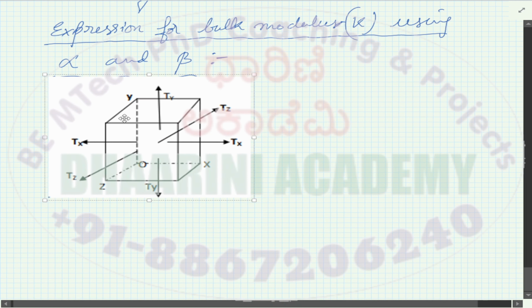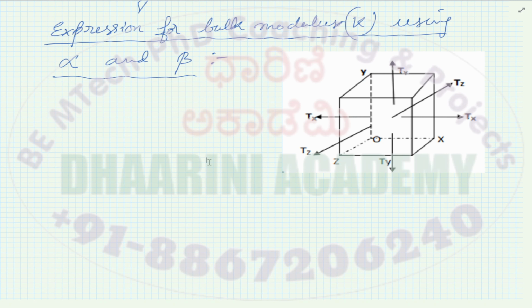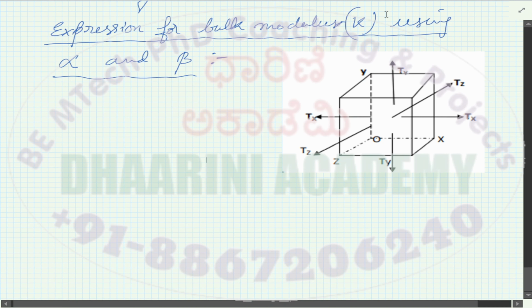Okay, so let's consider this diagram. Now let us say that this cube has area 1. There is a cube here, with Ox, Oy, Oz as the three surfaces, and the other three surfaces on the other side.